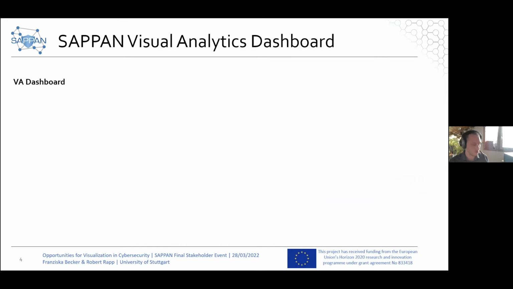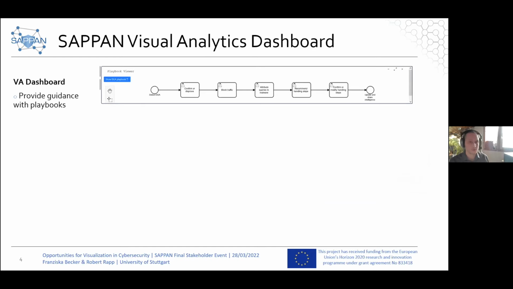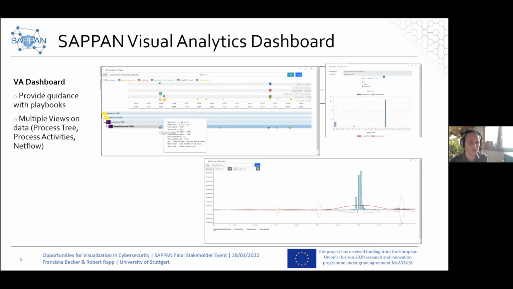Here I want to show you one example of what we have developed during SAPPAN. We have created the SAPPAN dashboard, and there we can also bring different information together. For example, we could integrate guidance by showing playbooks, which a SOC analyst can then use to look at the different steps which are important. We also have multiple views on the data.